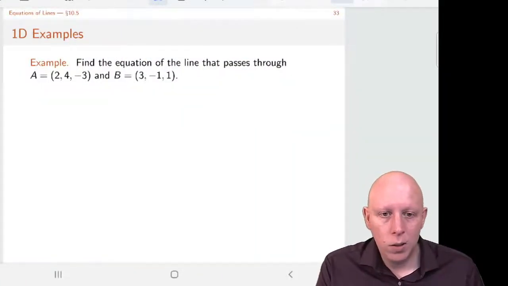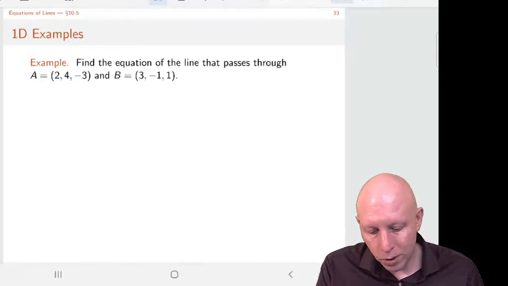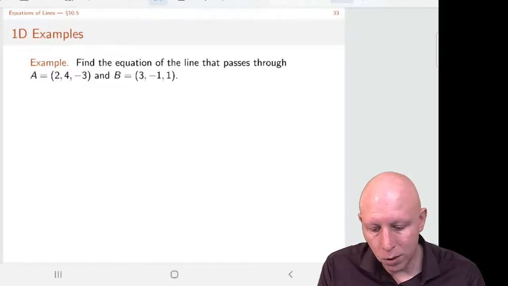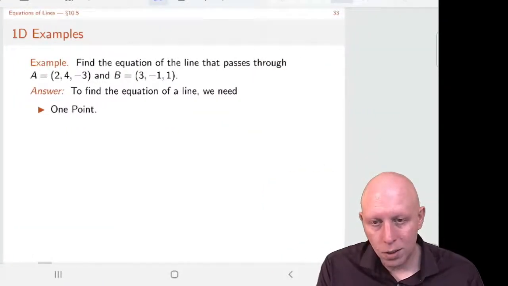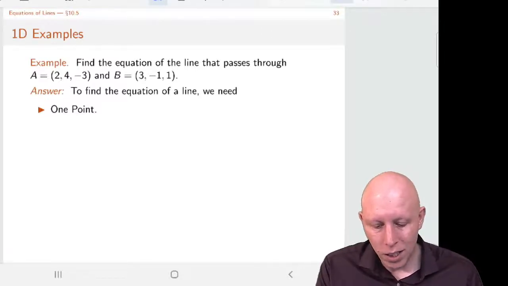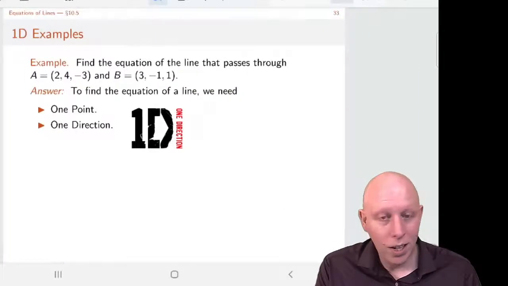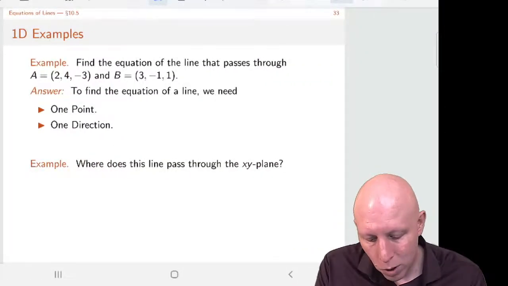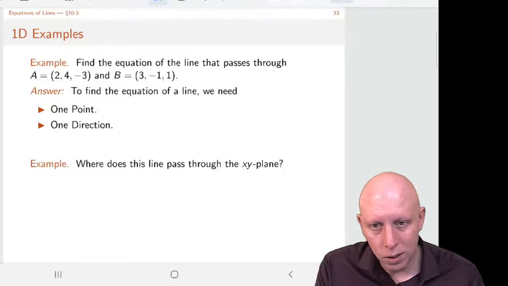So let's do first an example. Find the equation of the line that goes through these 2 points. So when you want to find the equation of a line, you need to have a point and a direction. So what are our points and what are our directions?